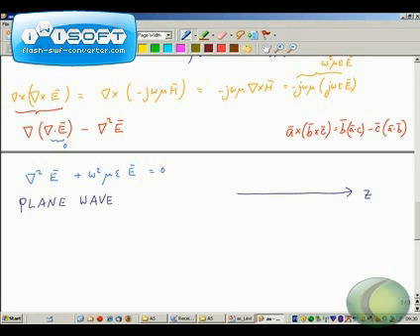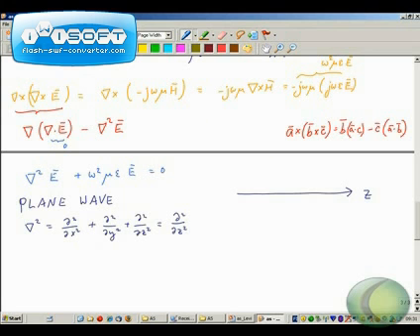There is no variation. The fact is that nabla squared is the second derivative of x plus second derivative of y plus second derivative of z. Of course, then it becomes only the second derivative of z, because if there is no variation in x, the derivatives of x are 0.